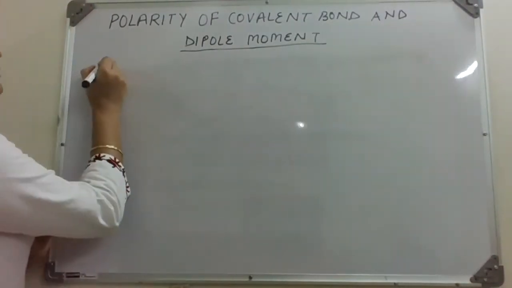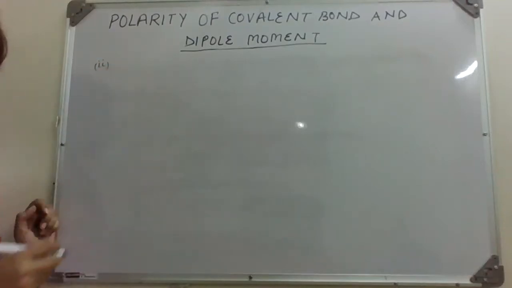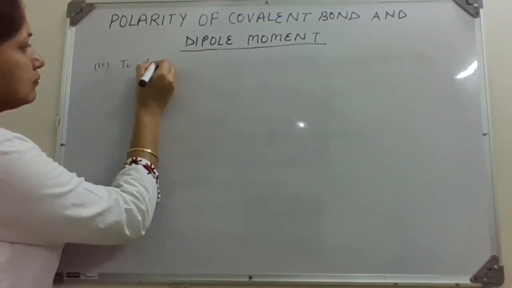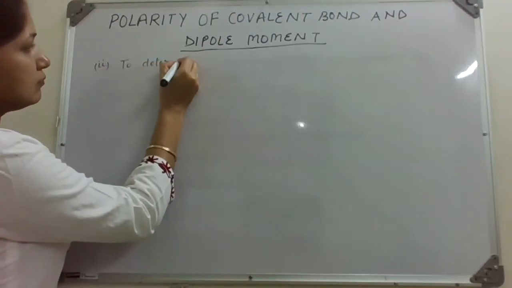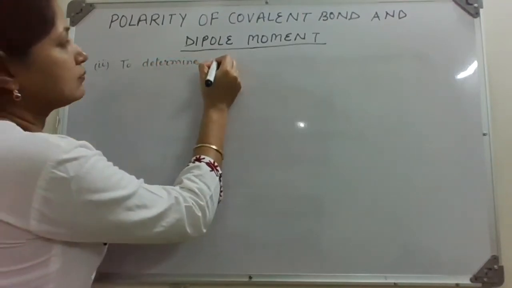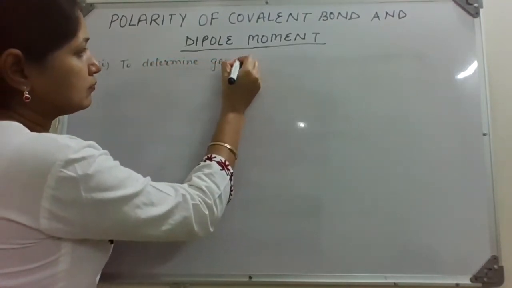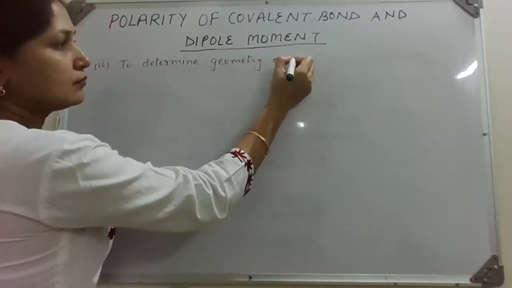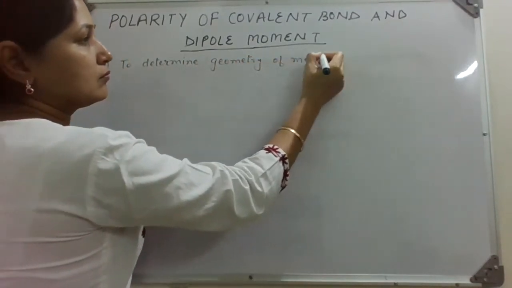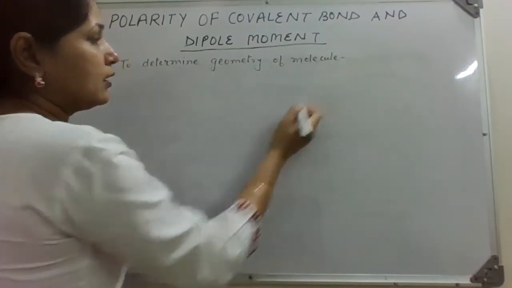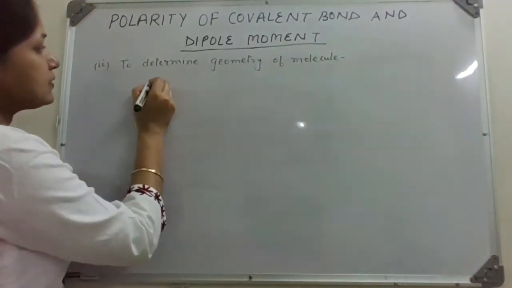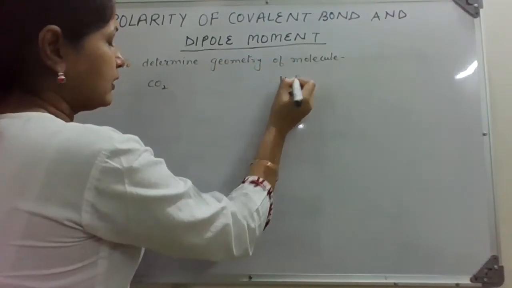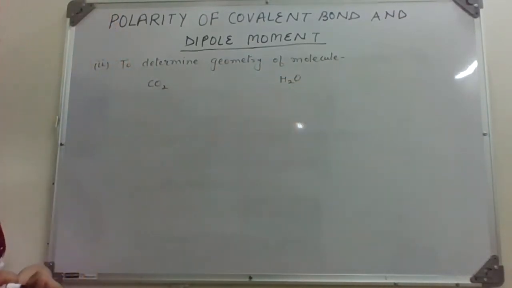The second application is to determine the geometry of a molecule. Let's take an example. First is carbon dioxide and second is water. In both molecules, there are 3 atoms.